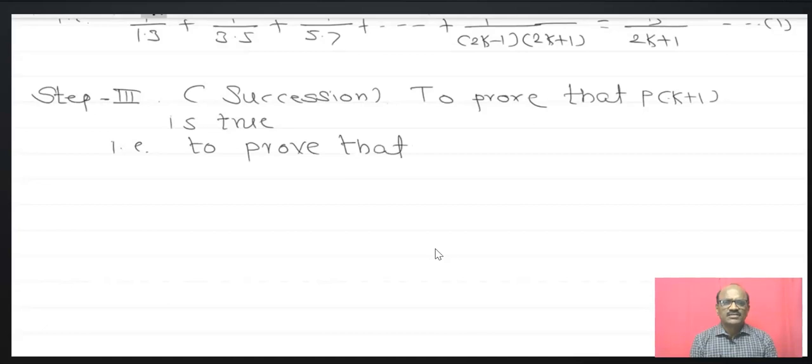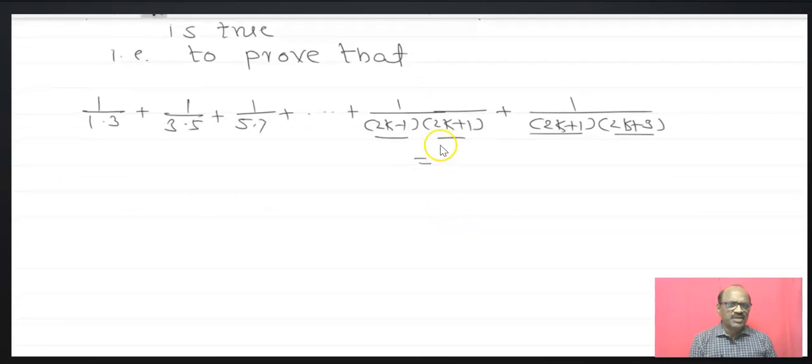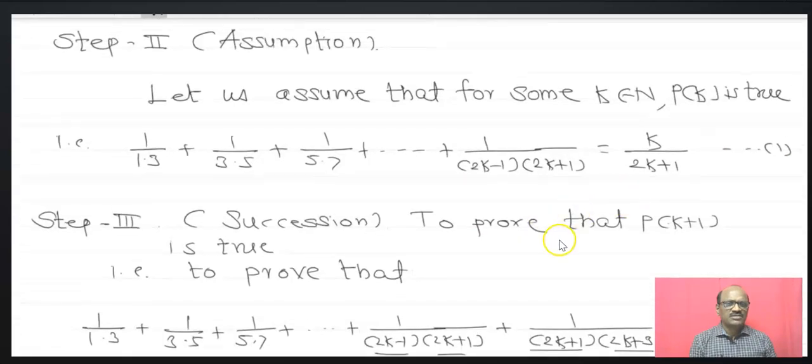That is to prove that 1 upon 1.3 plus 1 upon 3.5 plus 1 upon 5.7 plus dash dash plus 1 upon 2k minus 1, 2k plus 1 plus 1 upon, here k is replaced by k plus 1, then we will get the result. Here k is replaced by k plus 1, then you will get 2k plus 1. Here again k is replaced by k plus 1, then you will get 2k plus 2 plus 1, that is 3. And next is k plus 1 upon 2k plus 3.